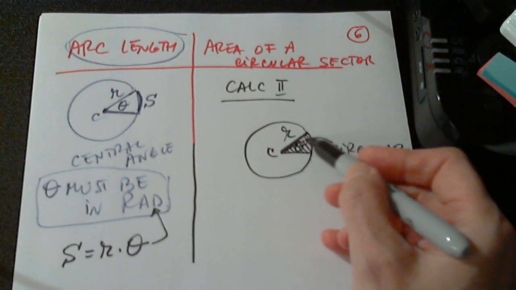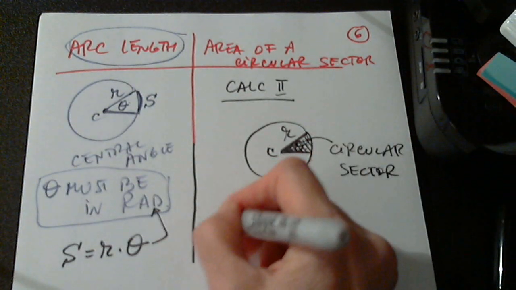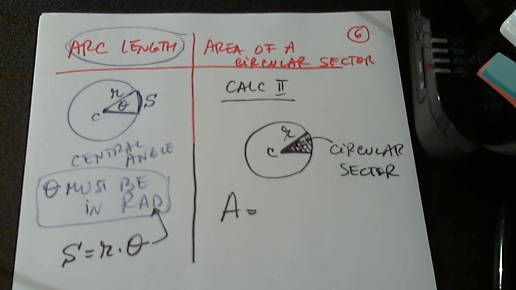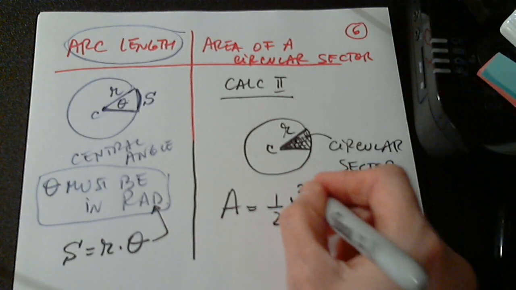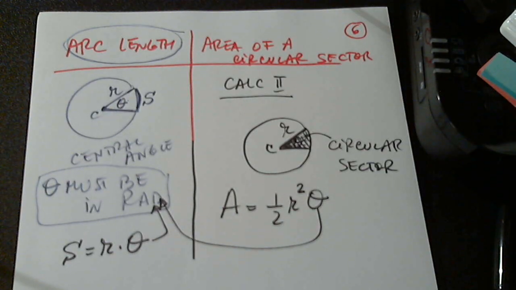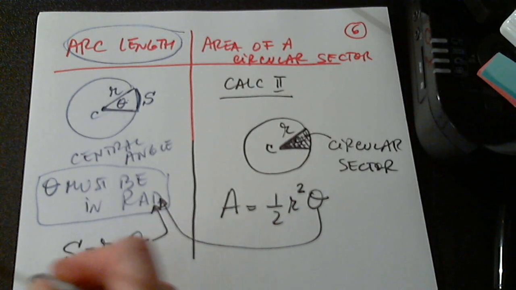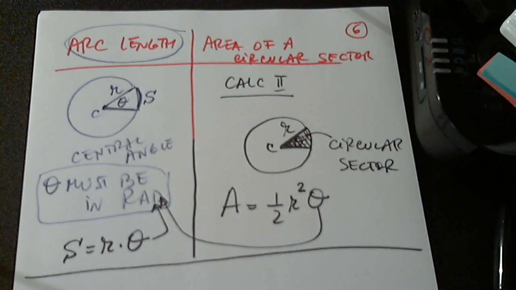We want to determine this area, that piece. The formula is 1/2 r squared theta. Again, theta has to be in radians. So now I would like us to work on different examples with these two formulas.